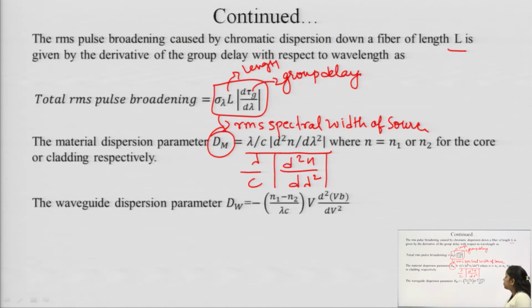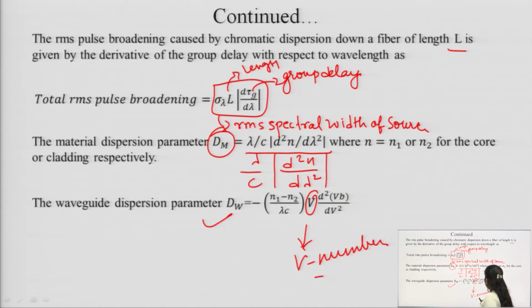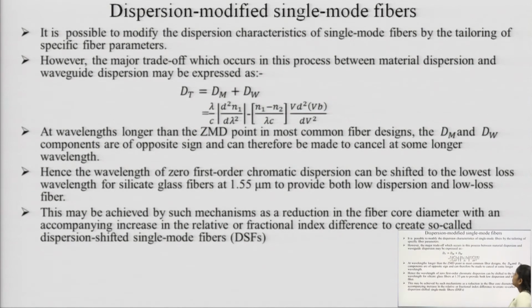This is the material dispersion parameter. And next, the waveguide dispersion parameter is equal to minus n1 minus n2 by lambda c. We know the V number, that is the normalized frequency, d square Vb by dV square. But these are the several types of dispersion which exist in a single mode fiber.